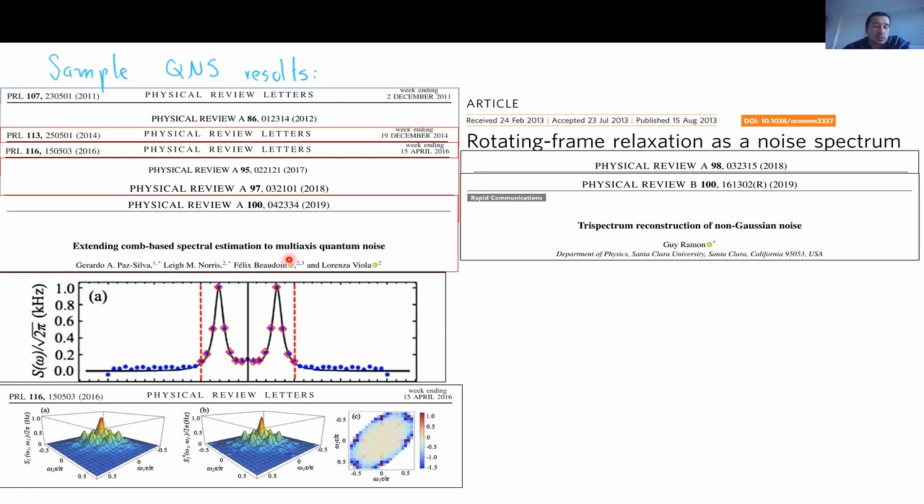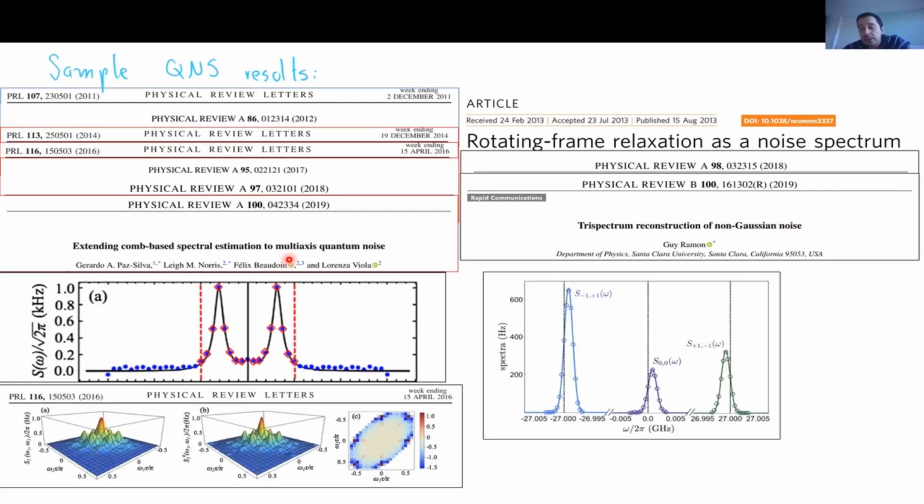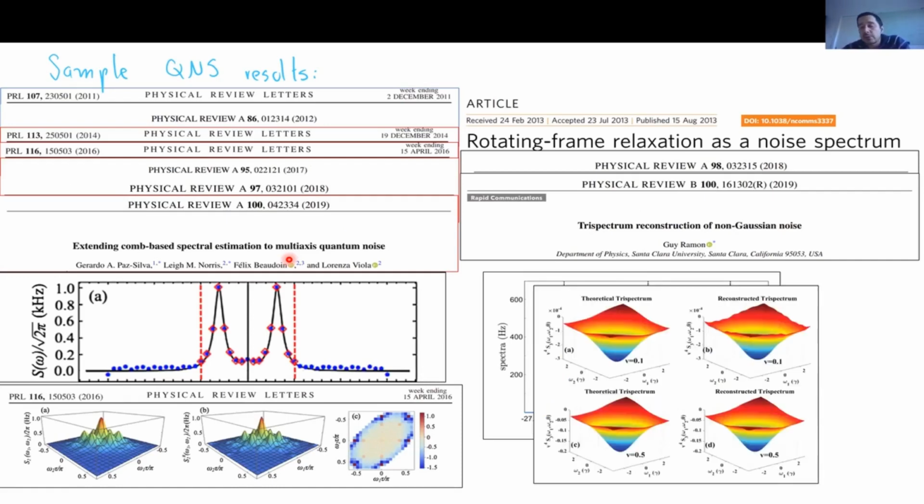When your noise is non-Gaussian, you can also reconstruct these sort of things. When you have multiple axes, then you have multiple spectra, and you can still reconstruct all of them in the right regime. And even if you have something like random telegraph noise, you can still reconstruct the trispectrum, which is the third order correlation function for this process, for instance.